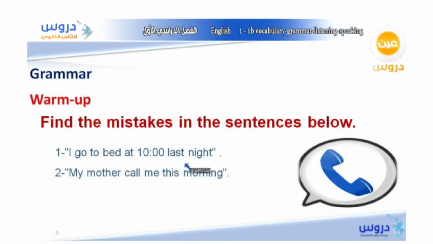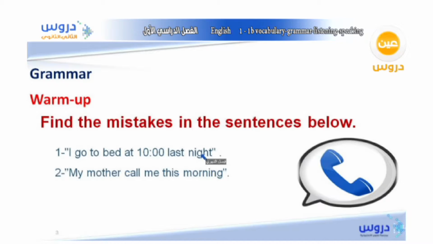Okay, I want to see anything that shows the present tense. I go to bed last night. So what's the meaning of last night? It's not today, and it's not next week or tomorrow. So last night means in the past.